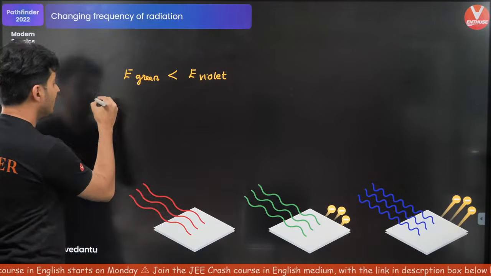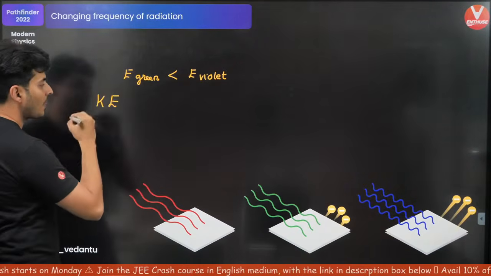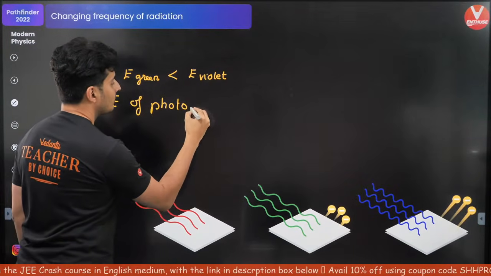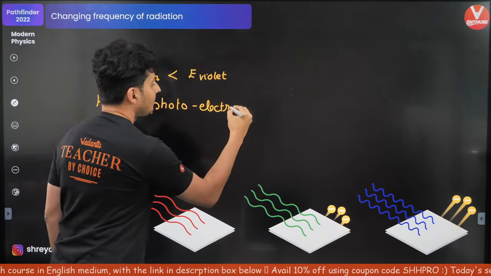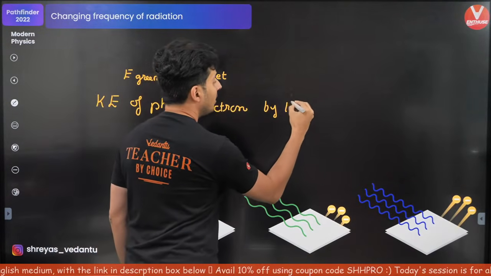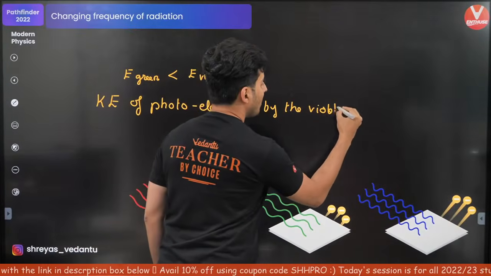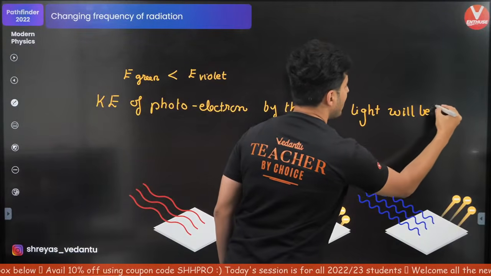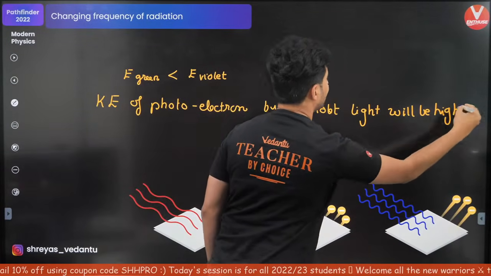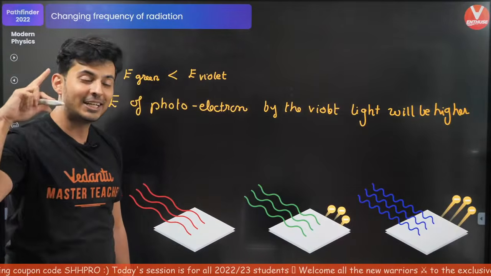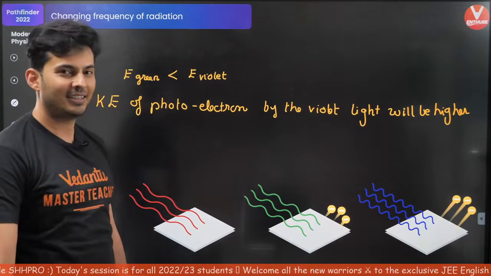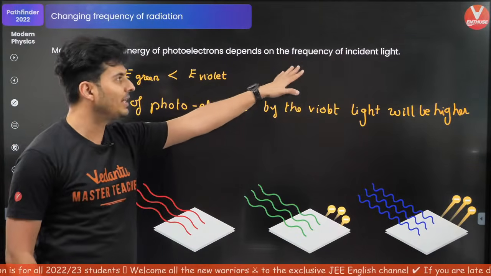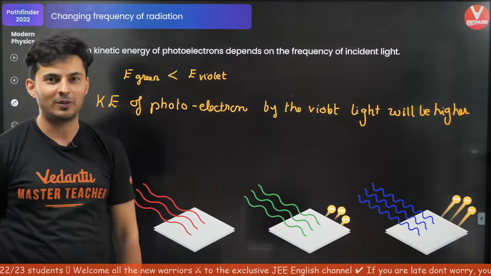So I can say the kinetic energy of the photoelectron by the violet light will be higher. That's what you should understand. So the kinetic energy will definitely depend on the color of the light. Very, very interesting fact. So the maximum kinetic energy depends on the color or the frequency of light.